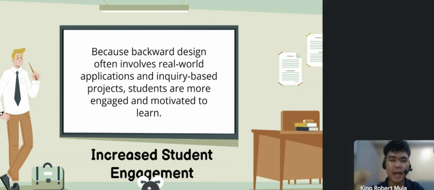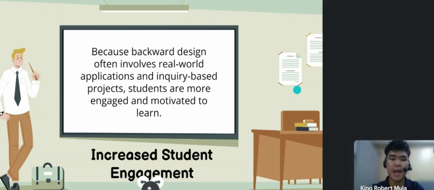Backward design often incorporates activities that connect the content to real world scenarios. For instance, in a science class, instead of just learning about ecosystems in abstract terms, students might study the impact of, for example, deforestation on the local habitat, making the lesson more relevant to their own community.